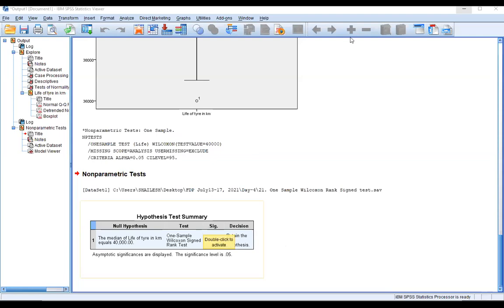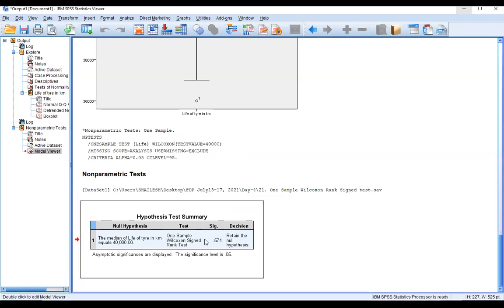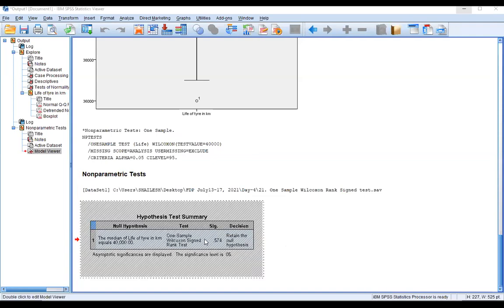So I was discussing the output of one sample t-test. Okay, now this is the output of one sample t-test. Now you can see the output. So I think it is visible to you. So the output is, when I double click it, so what is the value here?